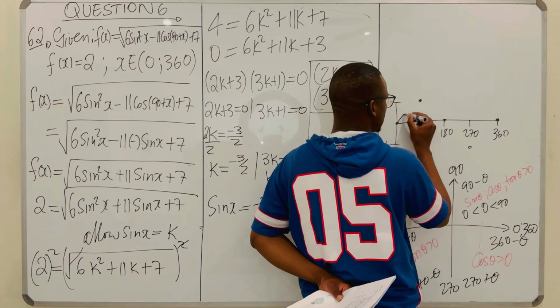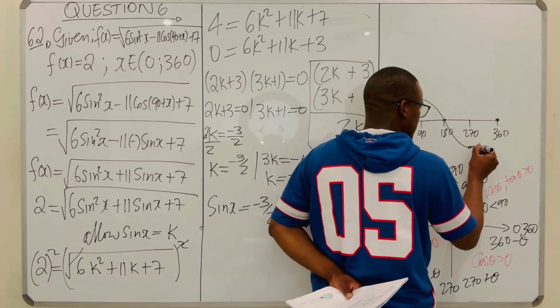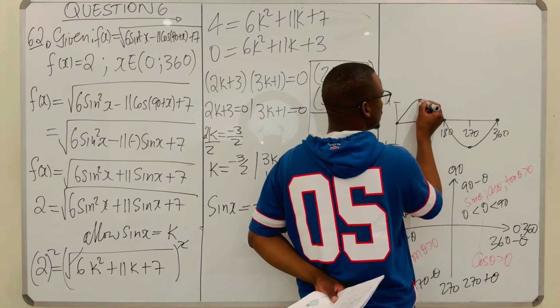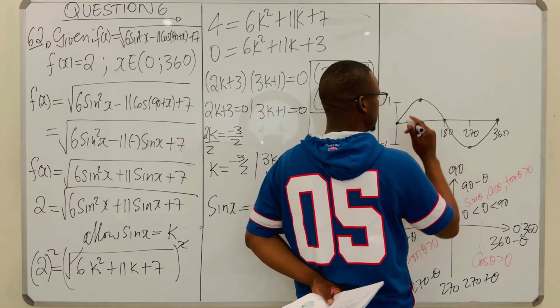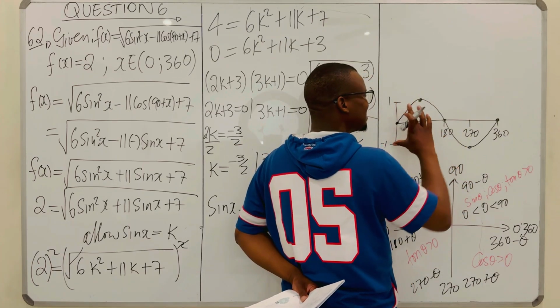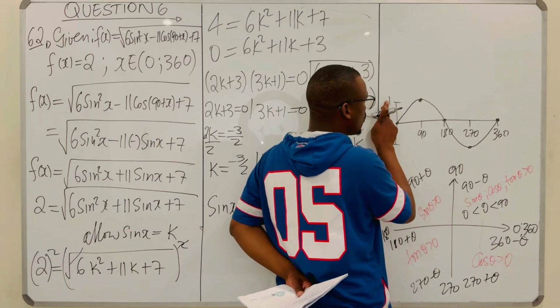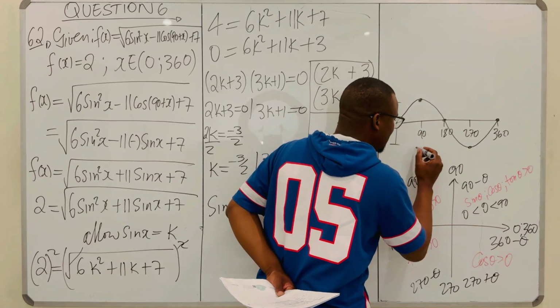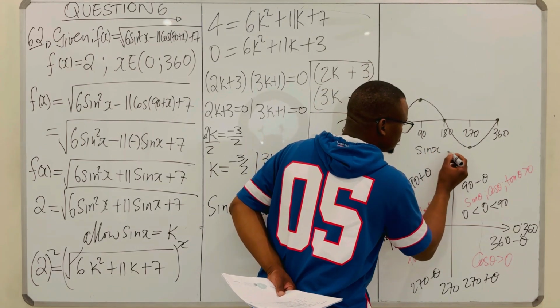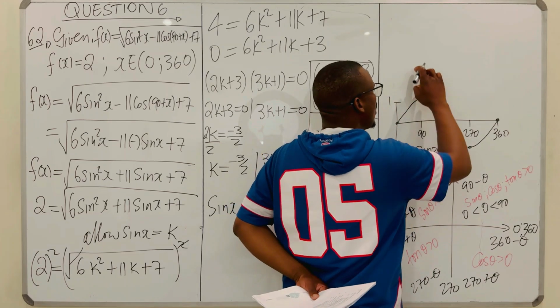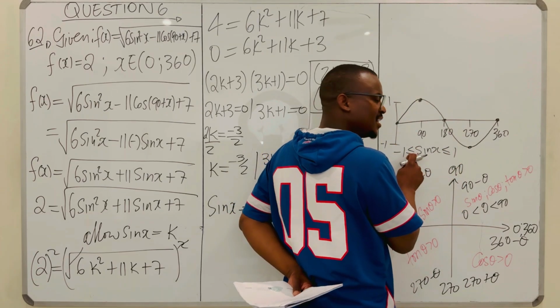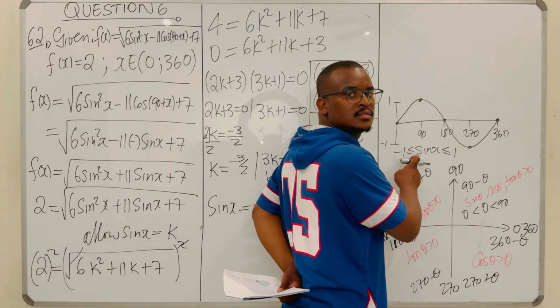It's a graph similar to this one. You see that the range of sine x, which is the y values it uses, is between minus 1 and 1. So sine x is less than or equal to 1, but greater than or equal to minus 1.